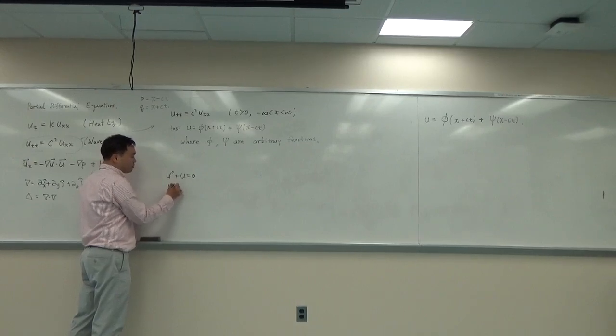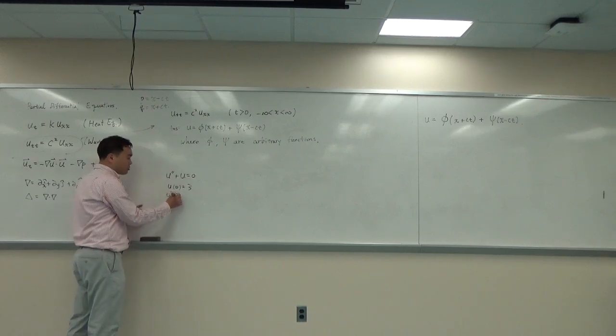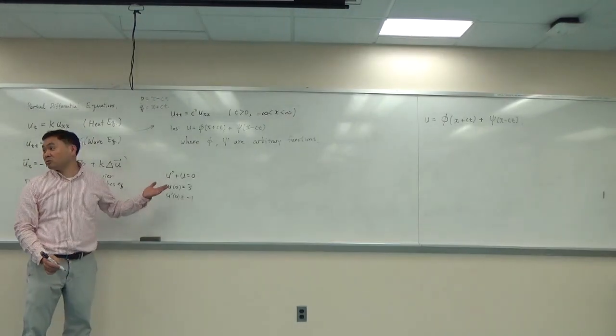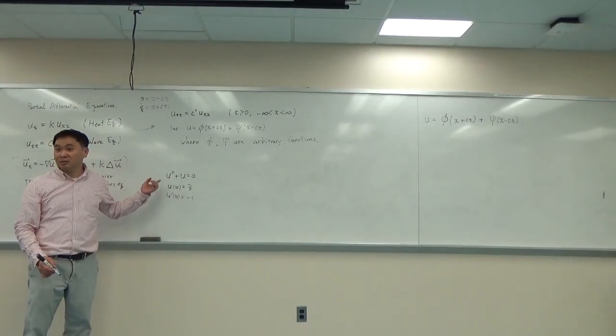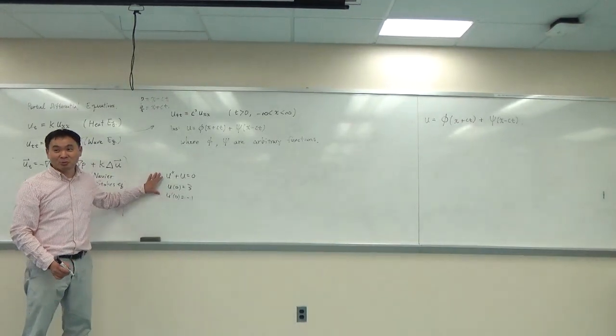You give u of 0 equals, say, 3, and you have to do u prime of 0 equals some other value, right? If you do this, then you can solve this uniquely, right? You get a unique solution. Do you agree? Hopefully you didn't forget this, because it would be very bad if you forgot the ordinary one.